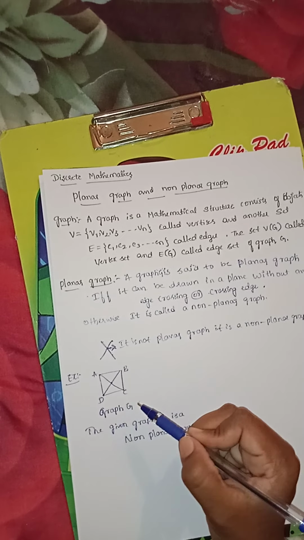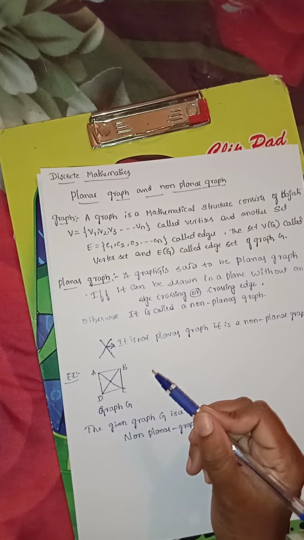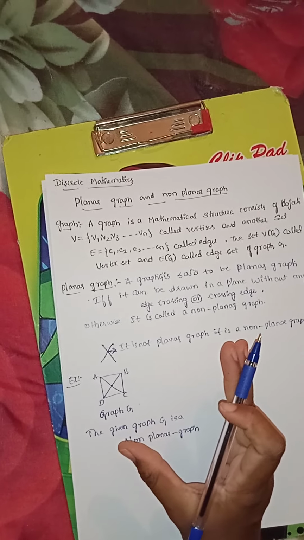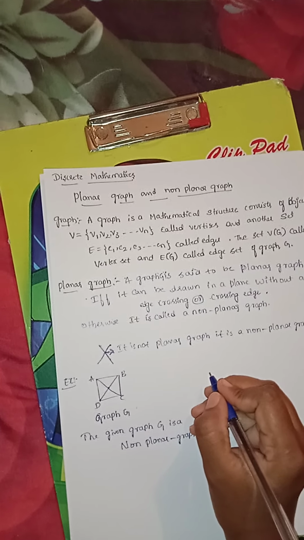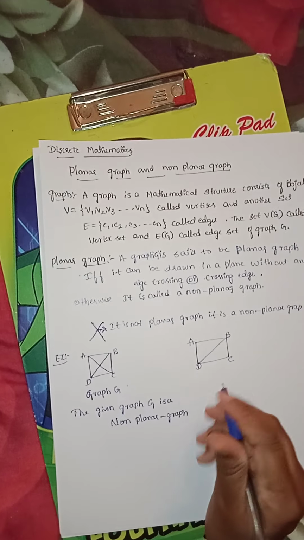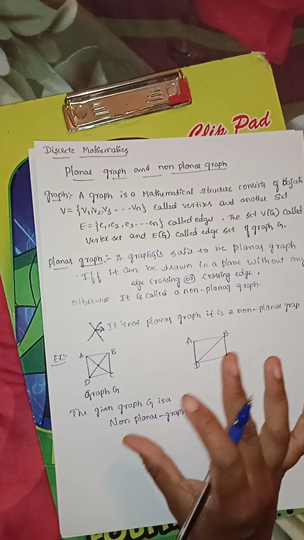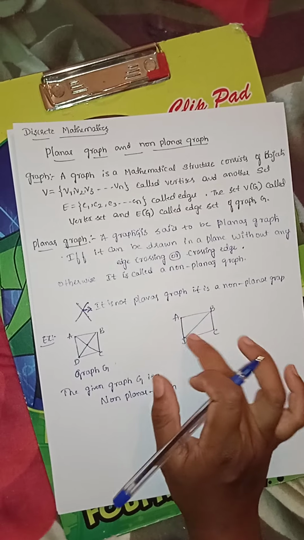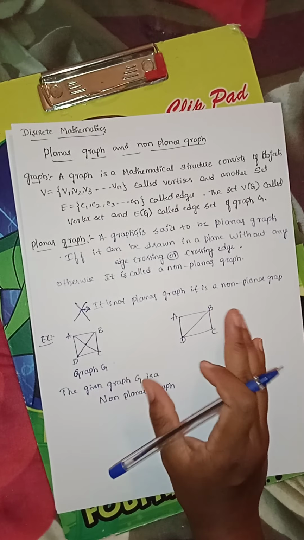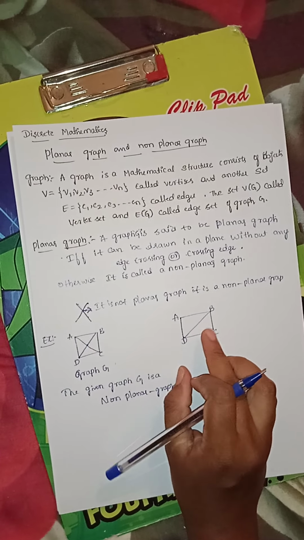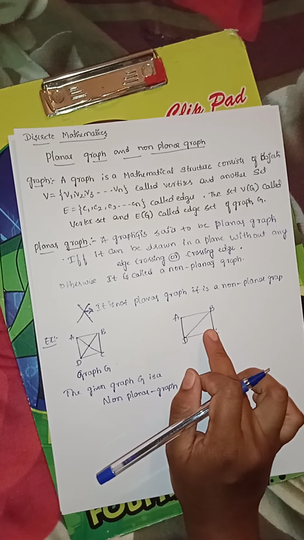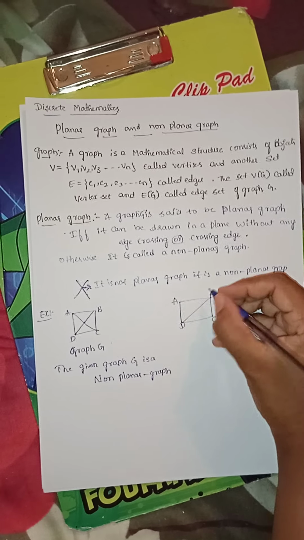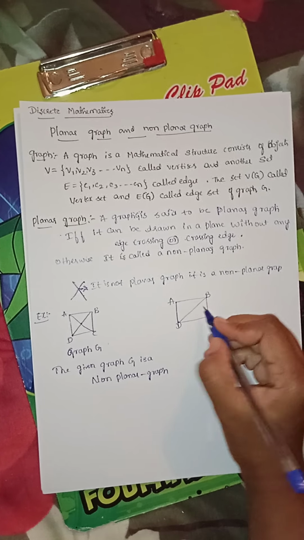Now we convert the non-planar graph to a planar graph without any edge crossing. Now we draw the planar graph. In graph G, these edges are not crossing each other, but when we join A and C like this, the edges cross each other at this point.